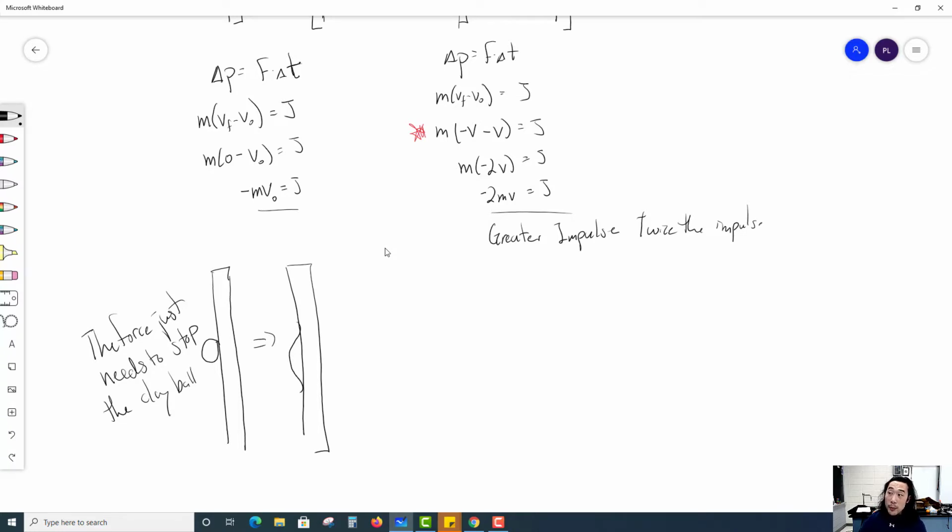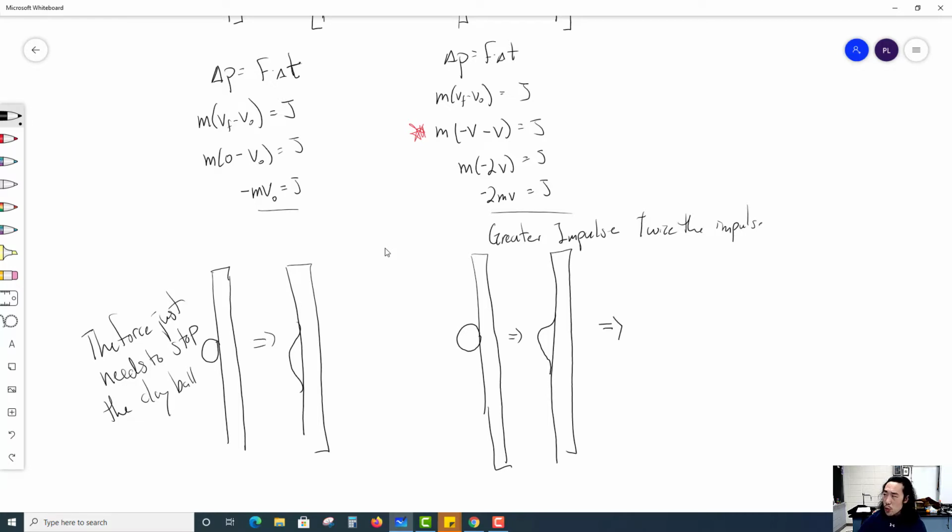But for the bouncing one, I don't know if you've seen those slow-mo videos, but it's really, really cool. This scenario would be like a baseball bat or a tennis racket. As the ball is hitting the surface, it not only splats, the ball actually deforms a little bit.